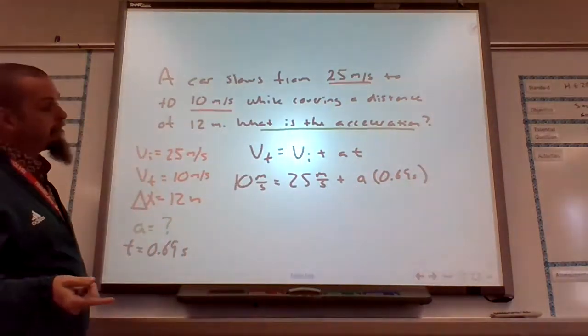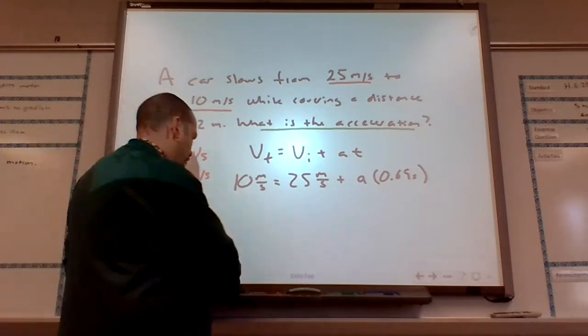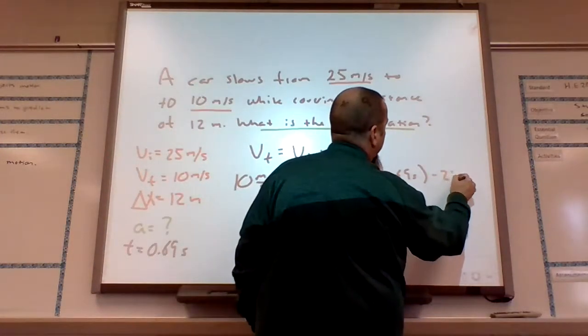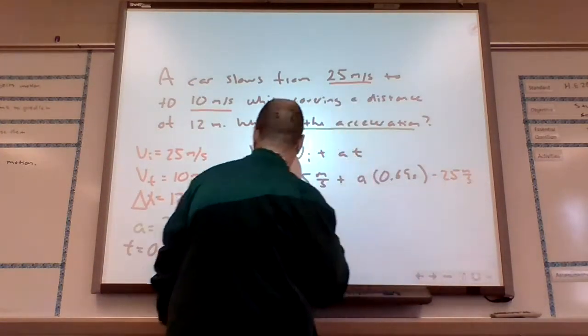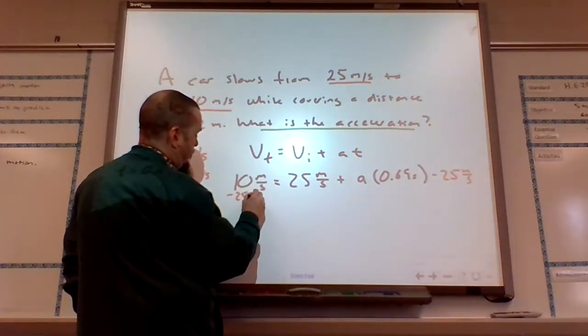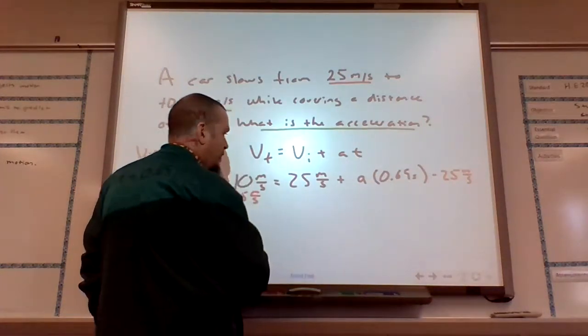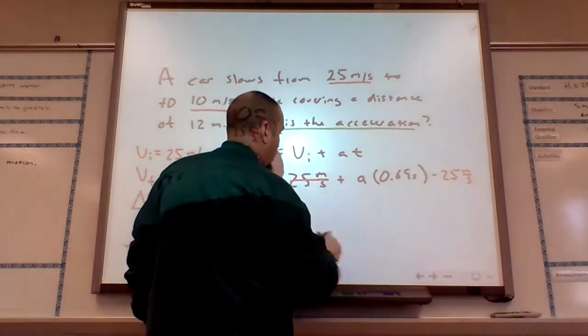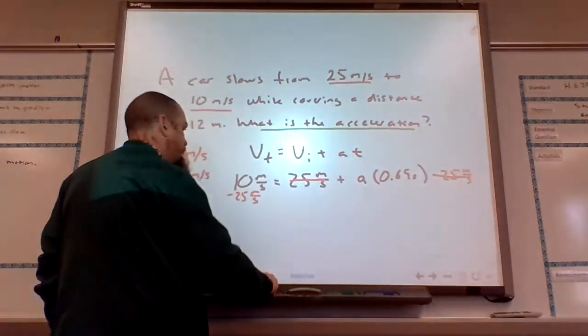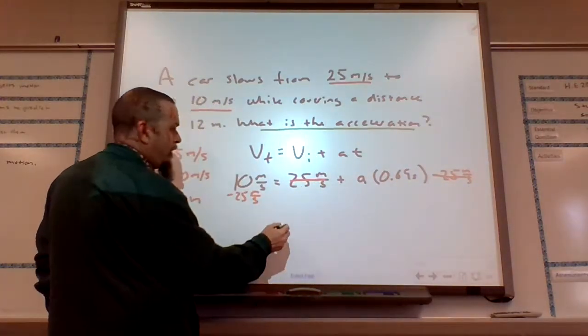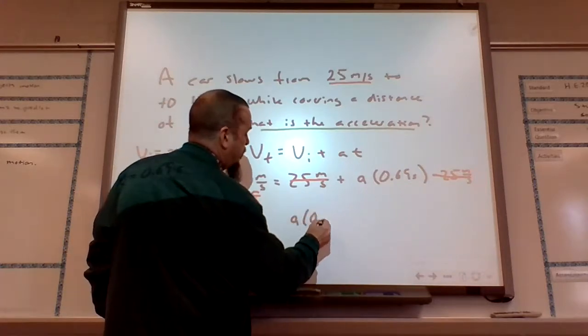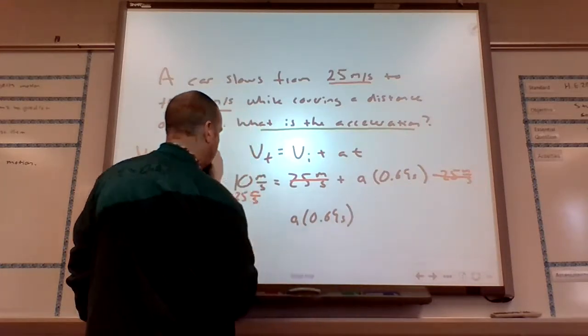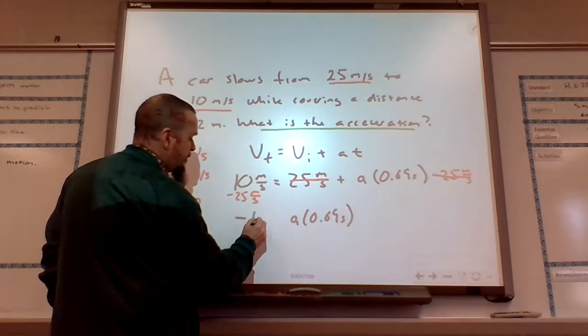I'll subtract 25 from both sides first. This completely cancels out over here. And I end up with A times 0.69 seconds. And then over on this side, I end up with negative 15.